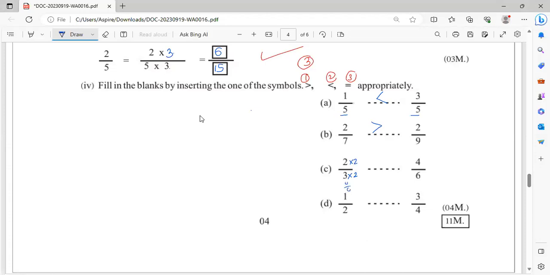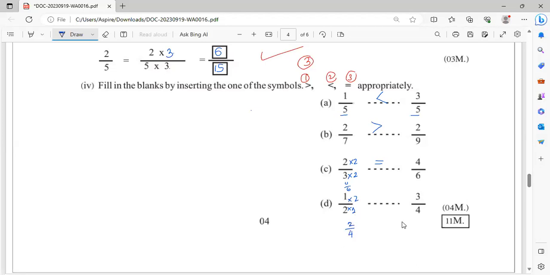Then what is the suitable symbol out of these three? The third symbol. Yes, that means the equal sign, no? Now here also you can convert 2 into 4 by multiplying by 2. Then 1 into 2 is 2. 2 into 2 is 4.